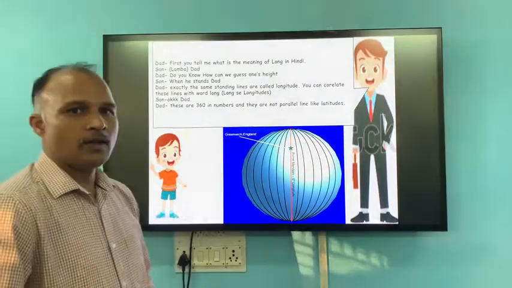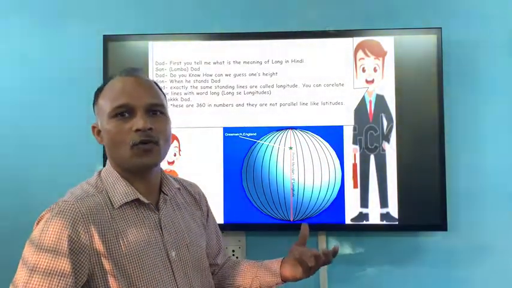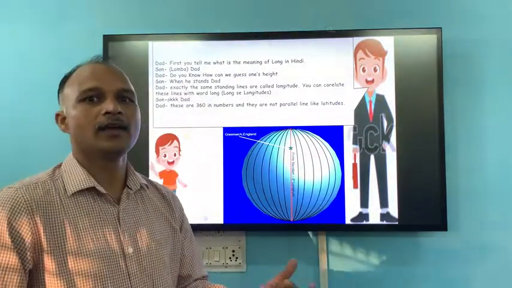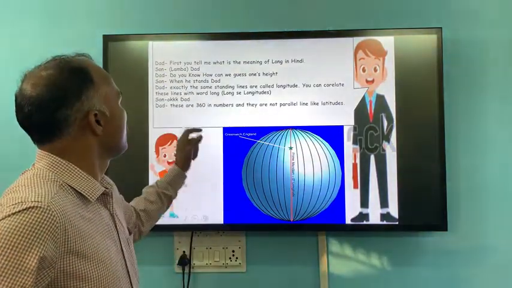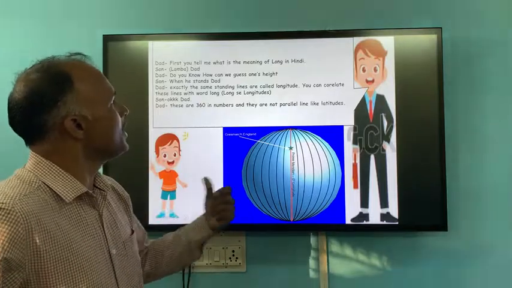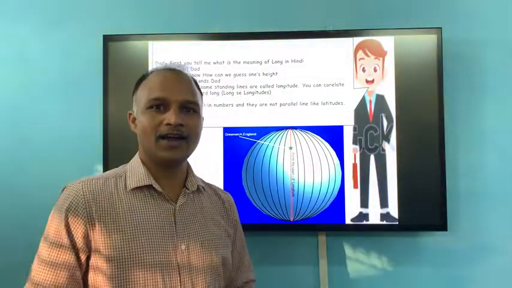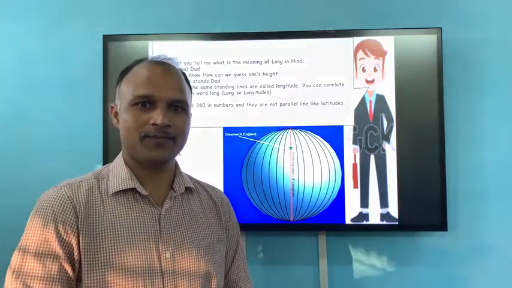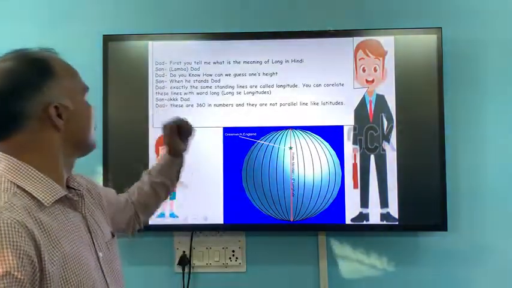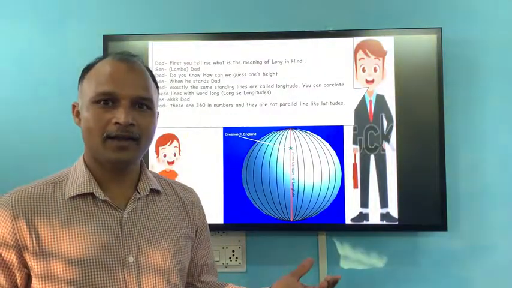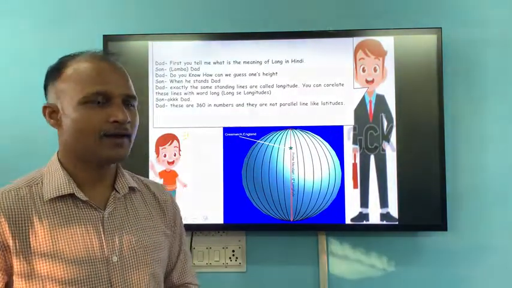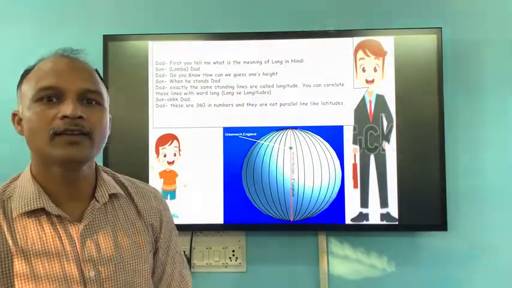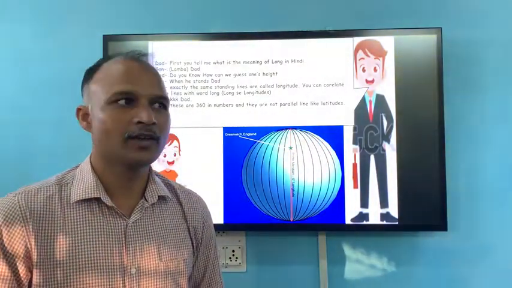Dad asked some questions to Rohan before explaining longitudes. First, "You tell me what is the meaning of long in Hindi?" Dad asked. The son replied, "लंबा, Dad." "Okay, लंबा. Do you know how we can guess one's height?" he asked as a second question.